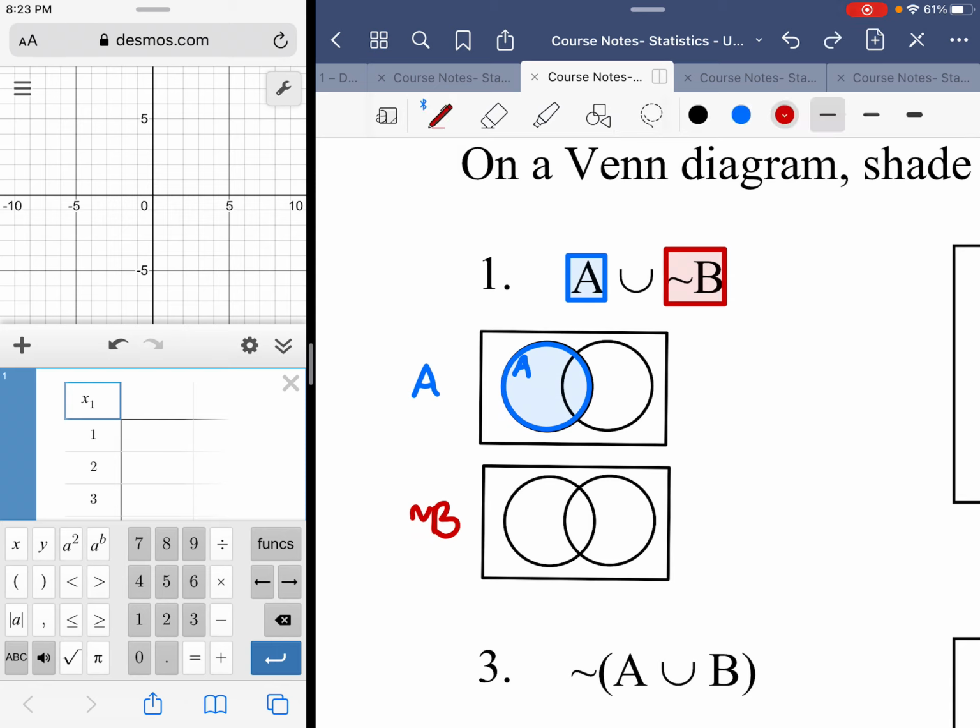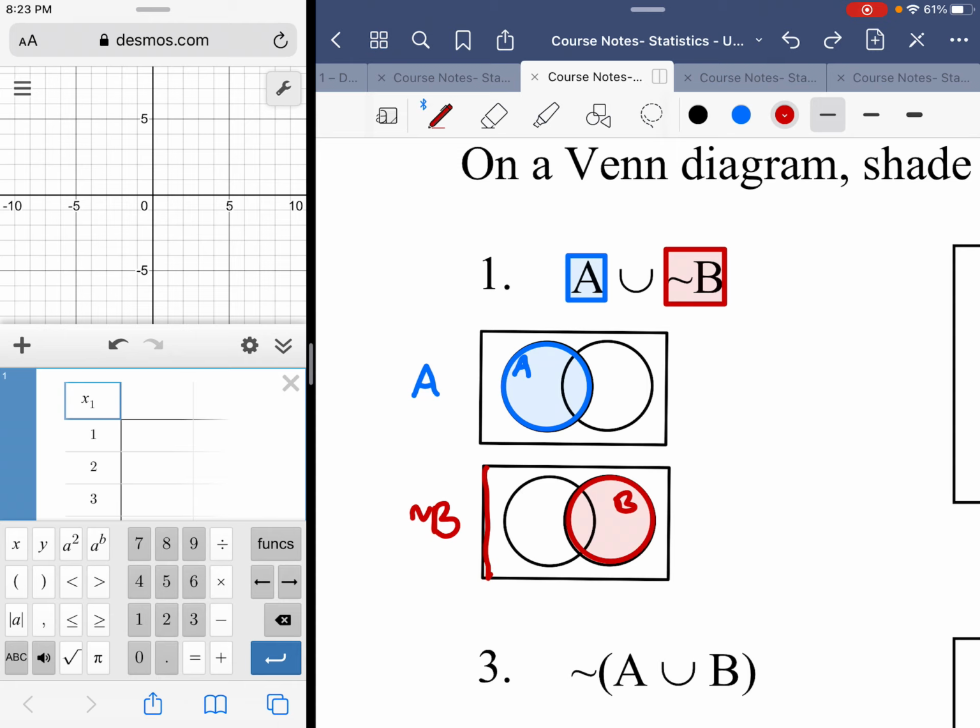So not B is a little trickier because, well, B would be everything inside of this circle. All right, so everything inside of here, but I don't want that. I want everything outside of there.